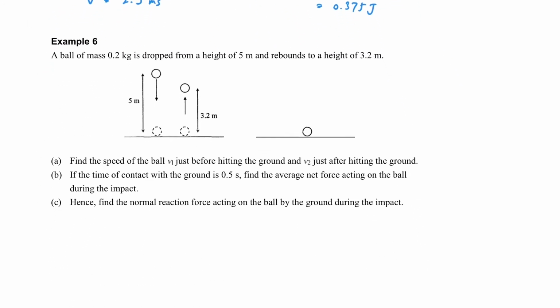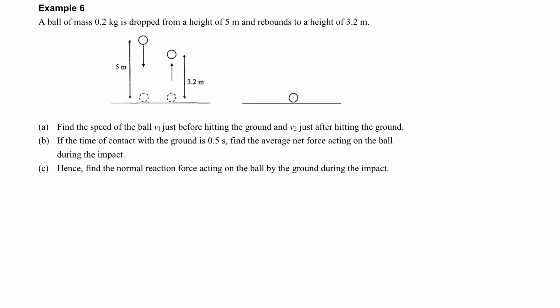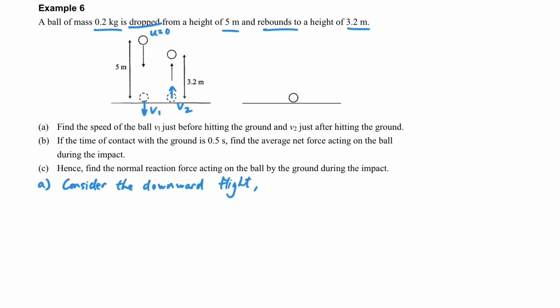Let's see another example here. Suppose we have a ball of certain mass, released, and it rebounds to a different height. What is the speed just before it hits the ground, and the speed just after hitting the ground? Now we can observe that there should be a difference, because the ball cannot rebound to the same height; the bounce back height is smaller than the original.